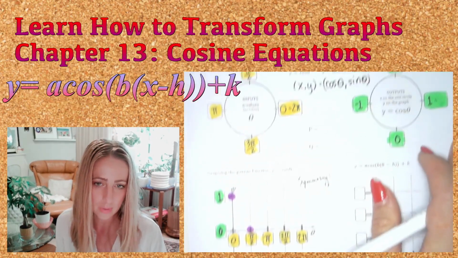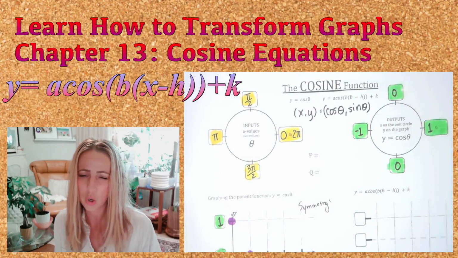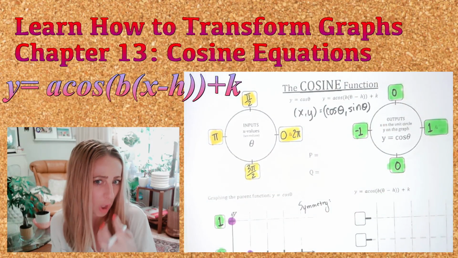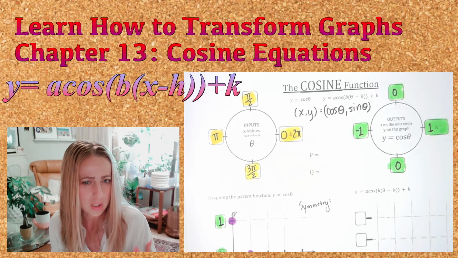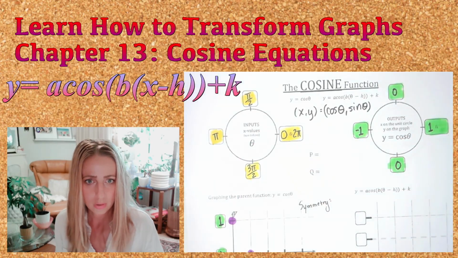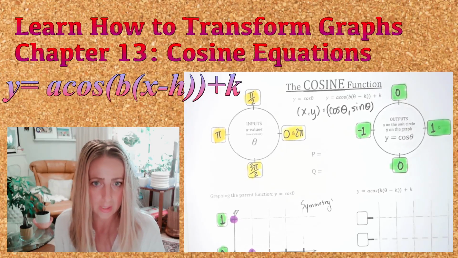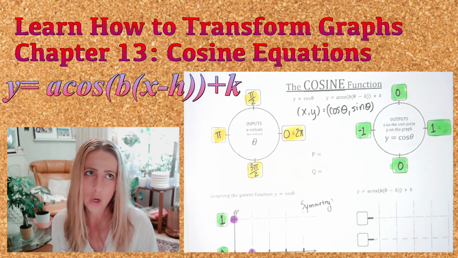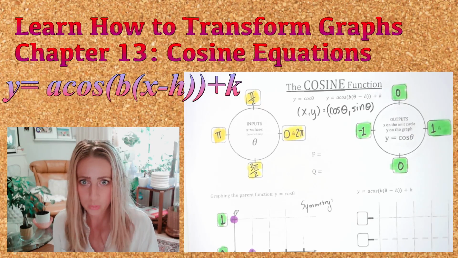So really, if you forget, do you need to do this? No, your brain needs to know that this is where the graph comes from. You are just graphing the results on an XY plane. I know we like to think the unit circle's on a plane, but it's transposed on a plane. It's not the graph.